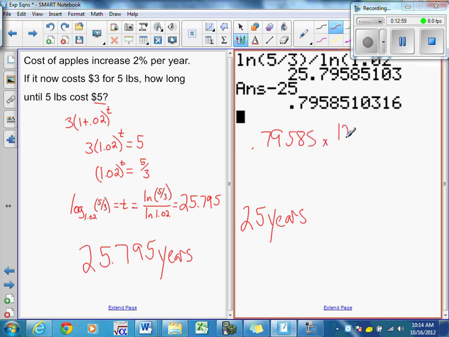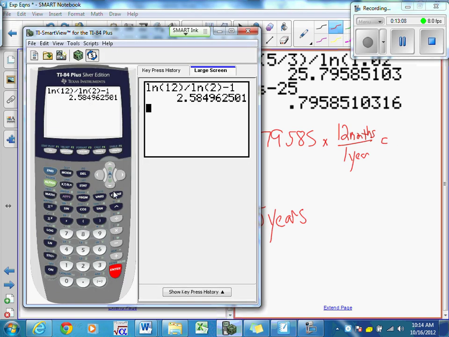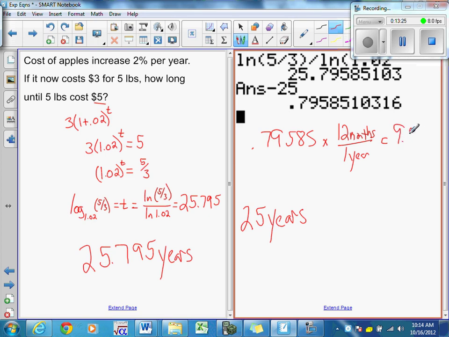So if we multiply that by, those of you taking chemistry know how to do this, 12 months over 1 year, we get 0.79585103116 times 12, and we get 9.55. Years cancel, months. So now we have 25 years, 9 months.